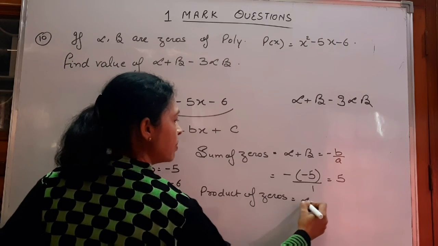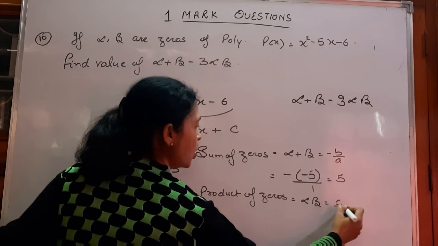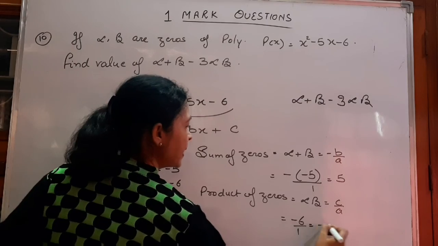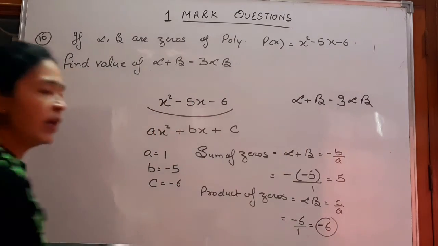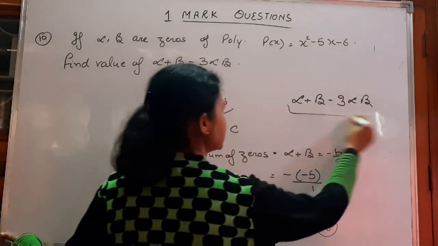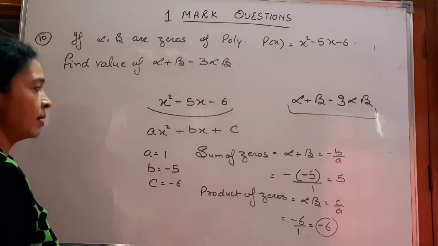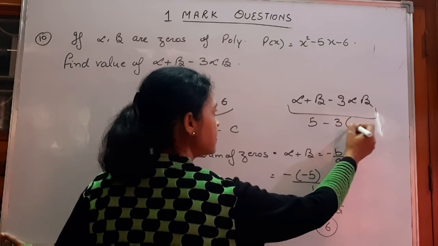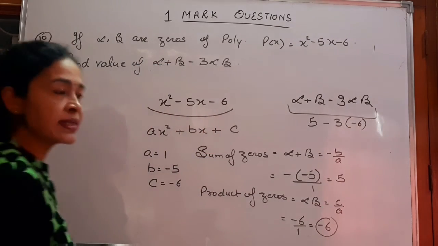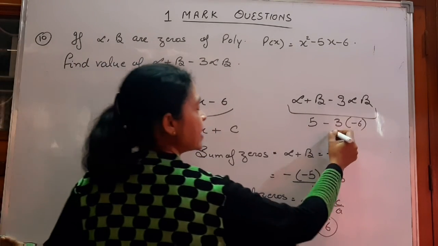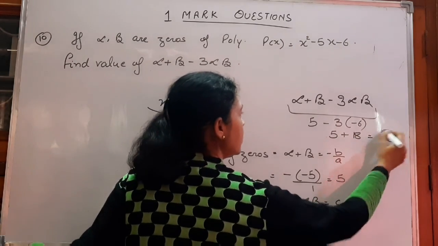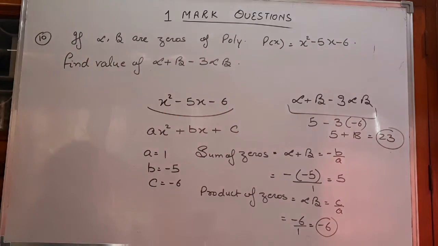Product of zeros, alpha beta, is c upon a, which is -6 by 1, -6. Now we have to find the value of alpha plus beta minus 3 times alpha beta. Alpha plus beta is 5 minus 3 times alpha beta, which is -6. Minus 3 into -6 is 18. 5 plus 18, 23 is our answer.